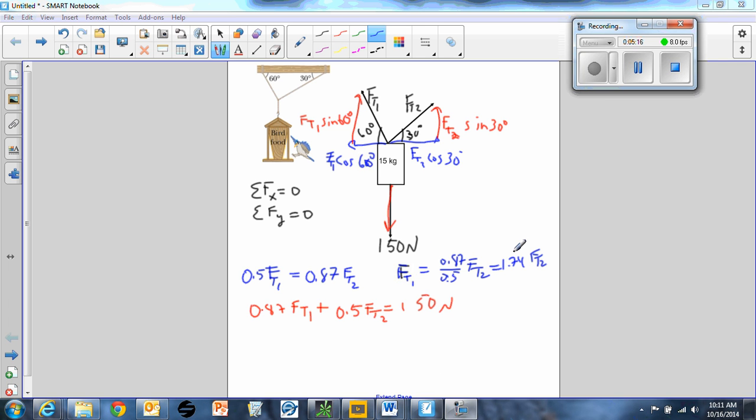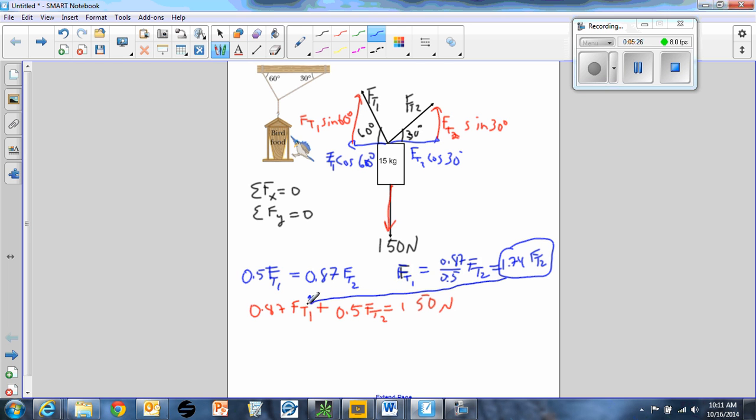So what I'm going to do is substitute this number right here in for FT1, because that's what FT1 equals. So I'm going to substitute that in right here.